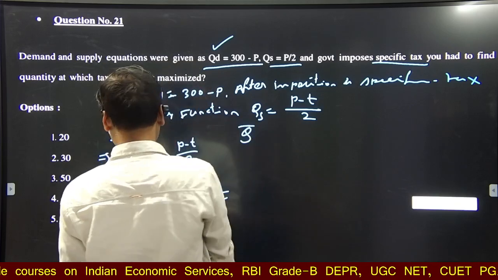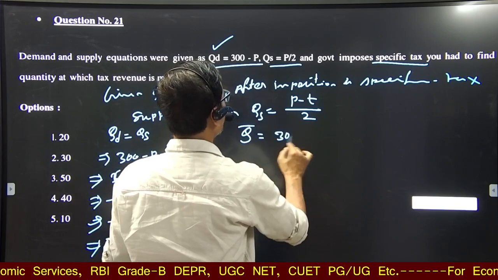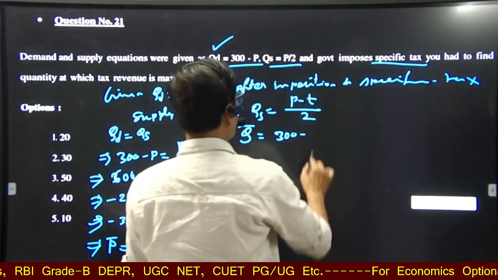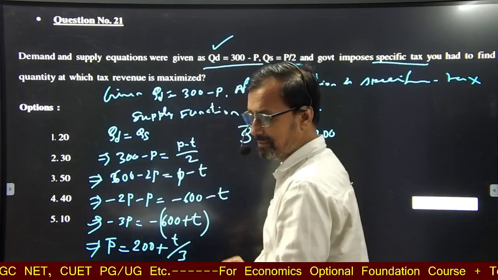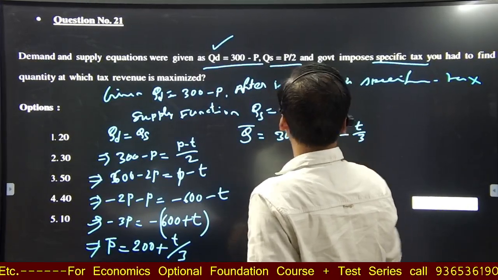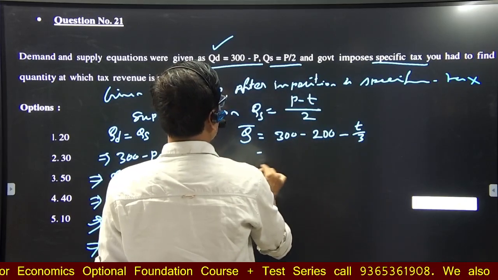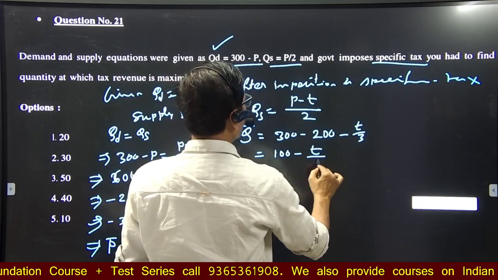So equilibrium price, equilibrium quantity: 300 minus P, with the value of P being 200 minus T by 3. So this is 100 minus T by 3.